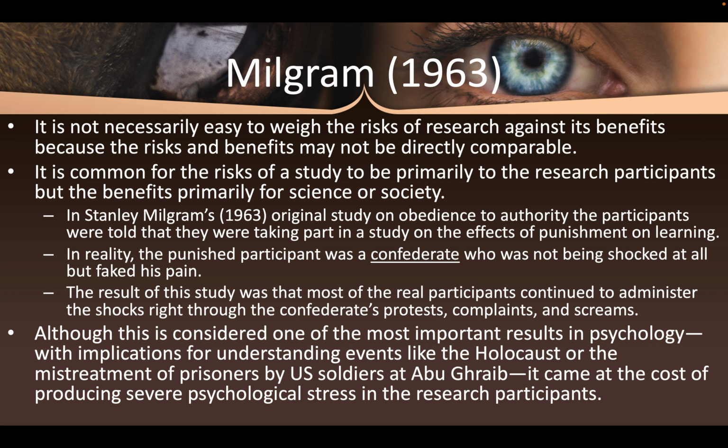They weren't being shocked at all. They were faking the pain. They protested, they complained, they screamed, and of course this is all taped. So each individual that was doing the shocking heard exactly the same thing. And oddly enough, what they were trying to determine was why in the world were people really as obedient as the Nazis claimed that they were.